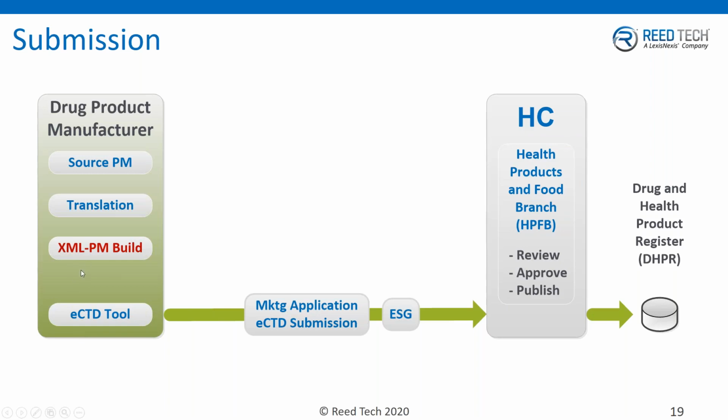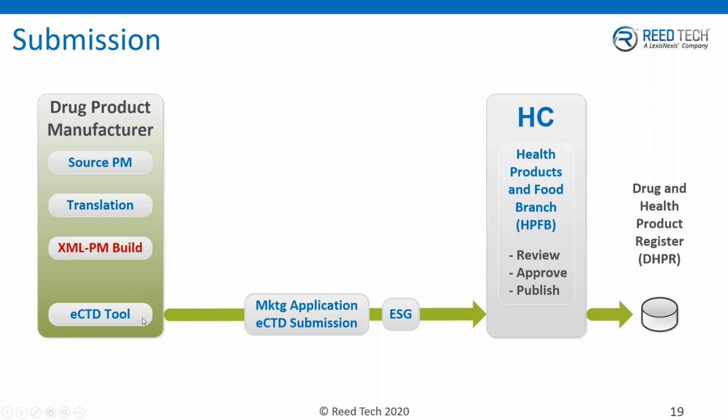You might have some experience doing that for FDA, and obviously you want to look at what you have in place there, see if it can be expanded for Health Canada, or whether you have to research a new type of solution. And there are various things that come into play when you start to come up with some kind of a solution to build this product monograph.